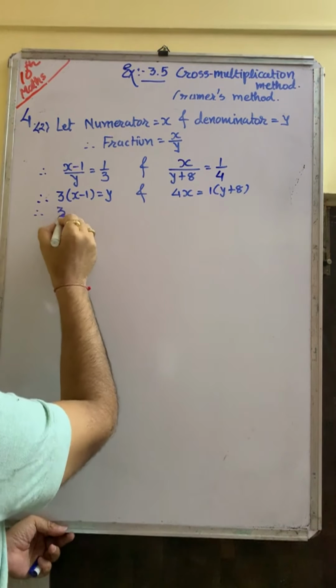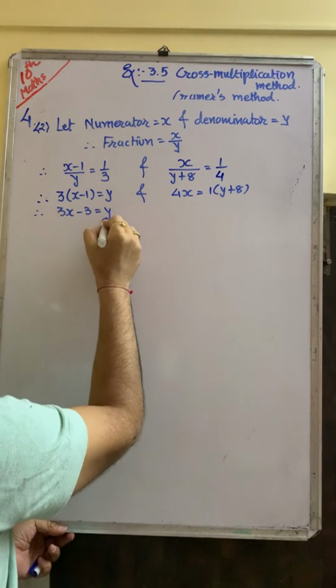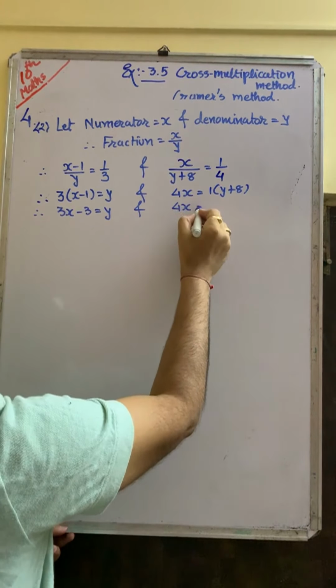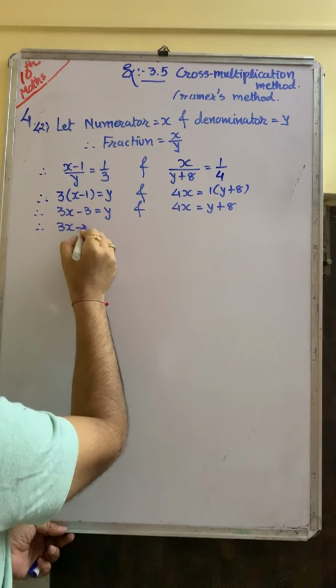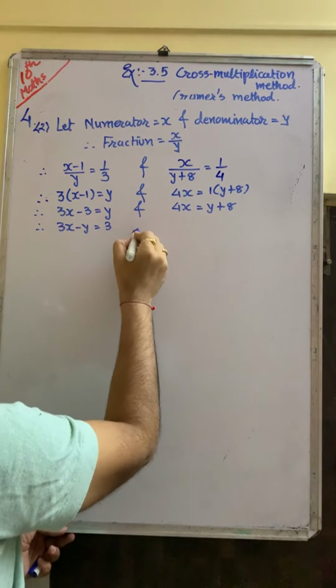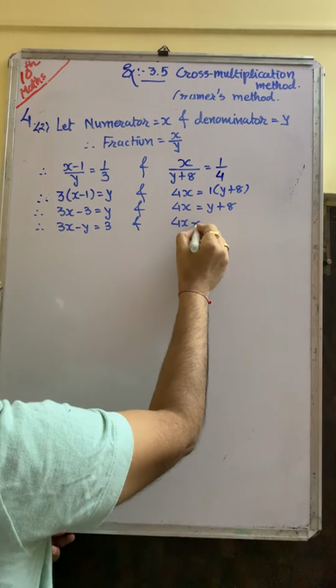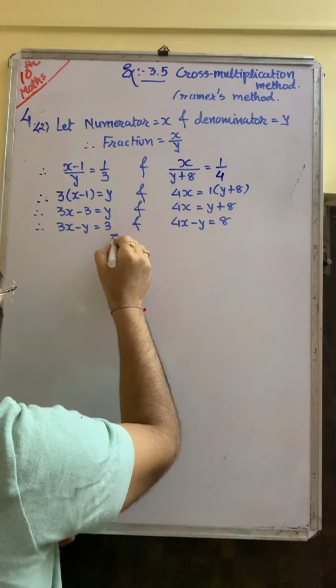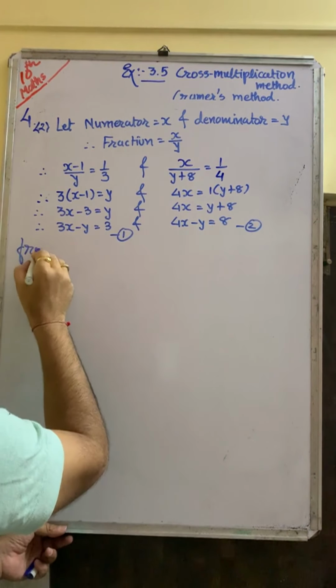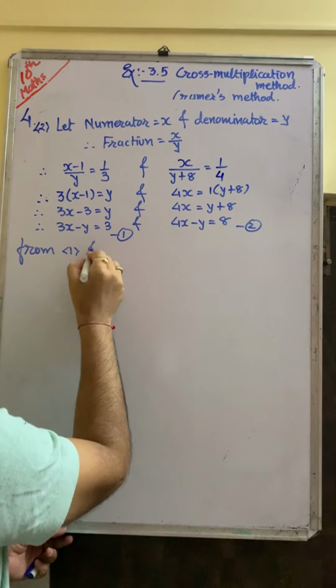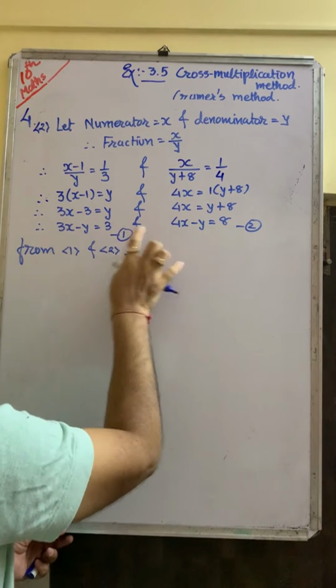So here it is 3x minus 3 equals y, and here 4x equals y plus 8. So 3x minus y equals 3, moving the 3 to the other side, and 4x minus y equals 8. Equation number 1, equation number 2, eliminate. Minus y is there in both.